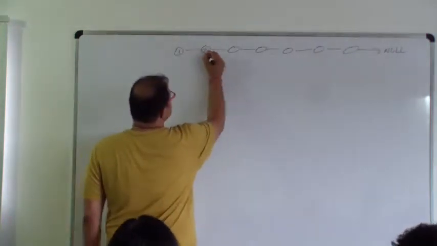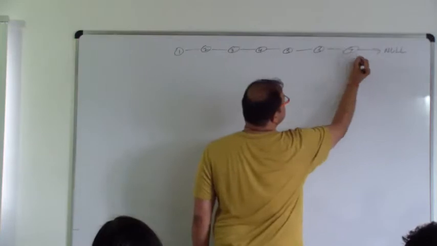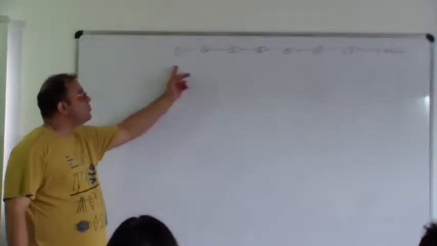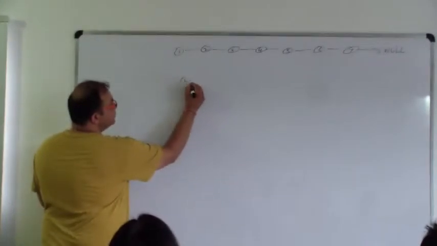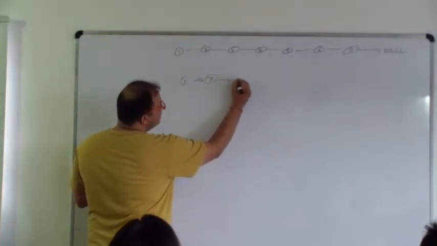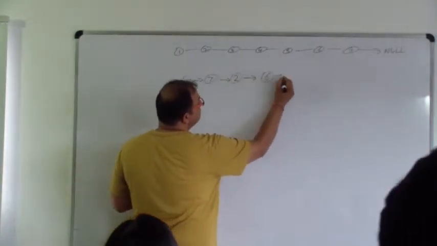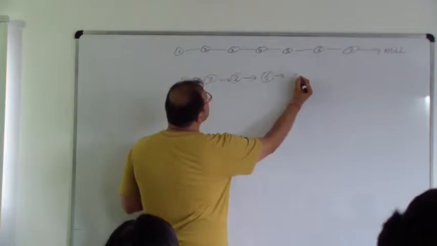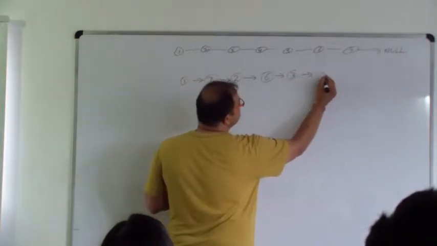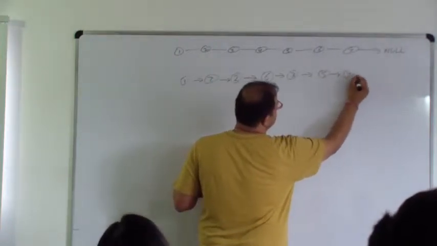Say 1, 2, 3, 4, 5, 6, 7. Now zip line means I'll take 1 and then I'll take 7 and then I'll take 2 and then I'll take 6 and then I'll take 3 and then I'll take 5 and then I'll take 4.